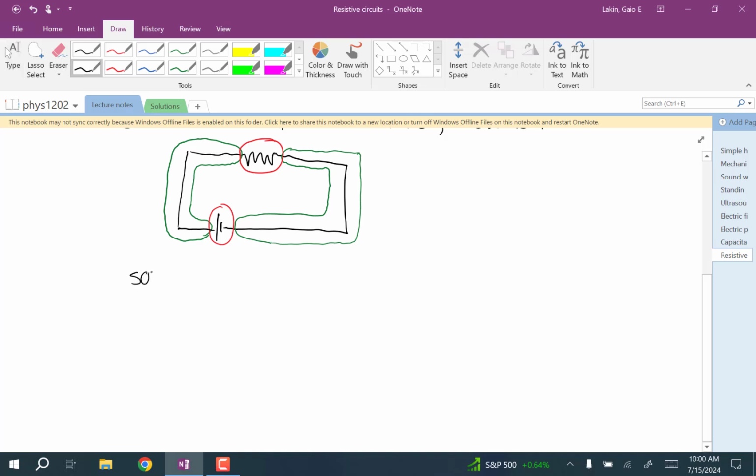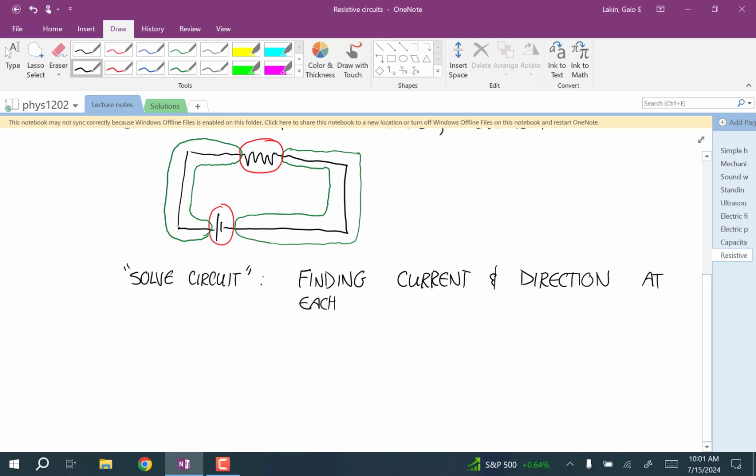And solving a circuit means finding the current and the current direction at each element, and finding the voltage and the polarity, which is like the voltage direction, at each element.